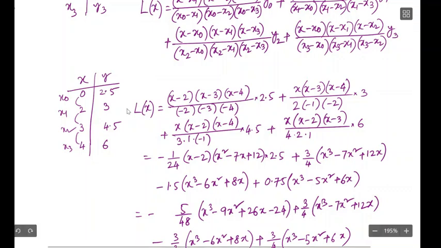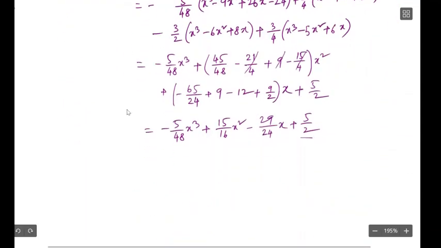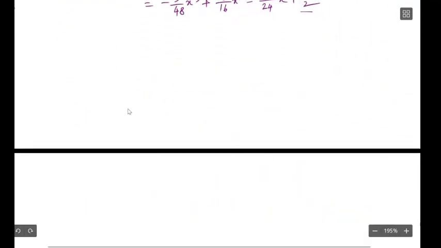That is, the points where the values of y are tabulated are not equally spaced. But if they are equally spaced, then the Lagrange's interpolating polynomial can have some simpler form.